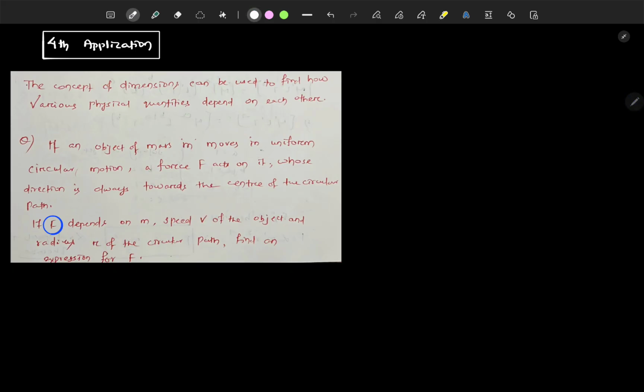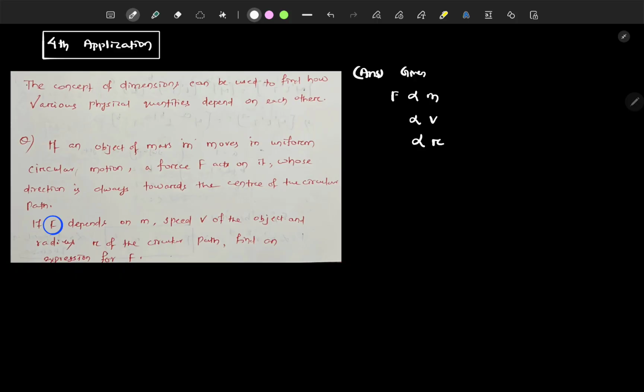How to solve? As per the given question, you have to write the steps. Given: F proportional to m, F proportional to v, F proportional to r. But we don't know whether the power of m is 2 or 1 or 5 or minus 5, whatever it may be.